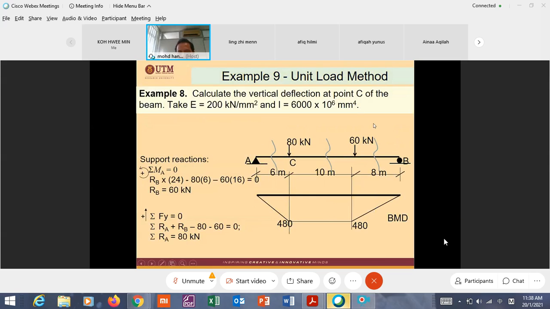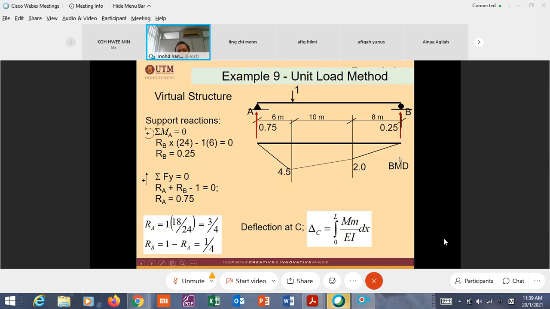Now for the unit load application. The question is point C, therefore apply the unit load at point C. Remember, the unit load is applied at the point of question.